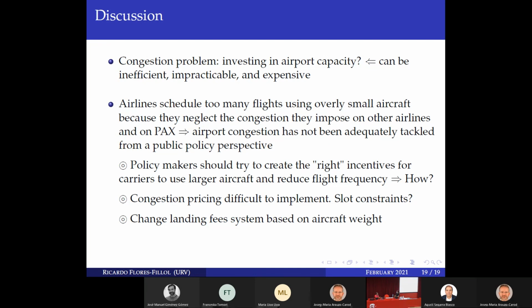We had very serious congestion problems in the Barcelona airport before the Spanair crisis. But even after the Spanair crisis, the traffic recovered very fast. So we had also congestion problems before.